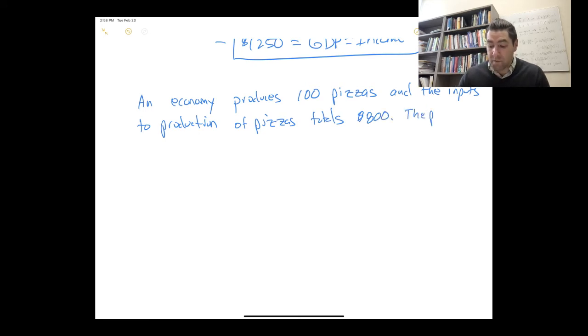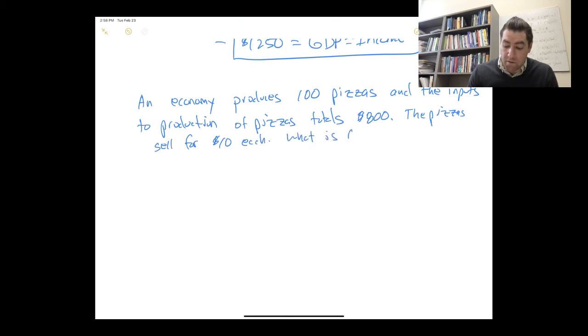The pizzas sell for $10 each. What is GDP?